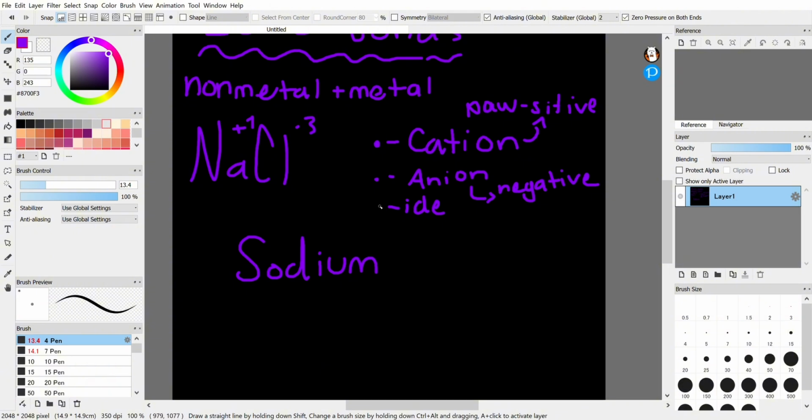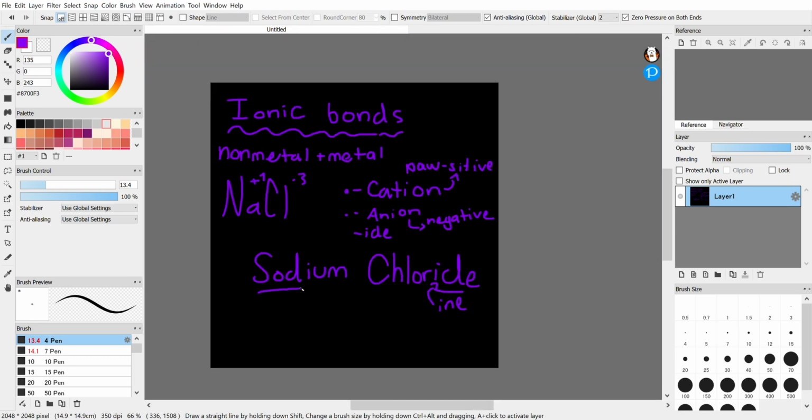We're going to add an IDE ending on chlorine, so now it will be chloride with our IDE ending instead of INE. So INE changed to IDE, and that is how you would name an ionic bond.